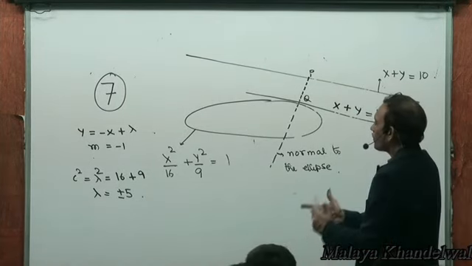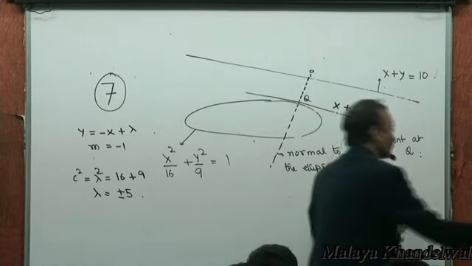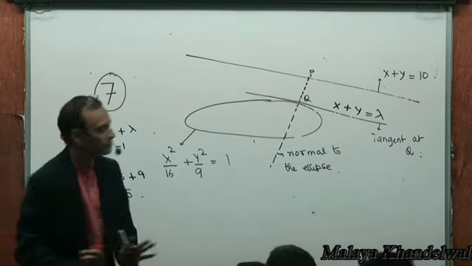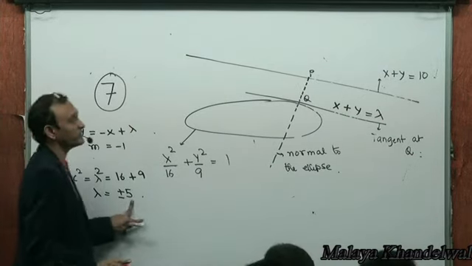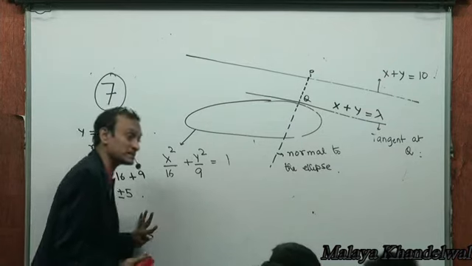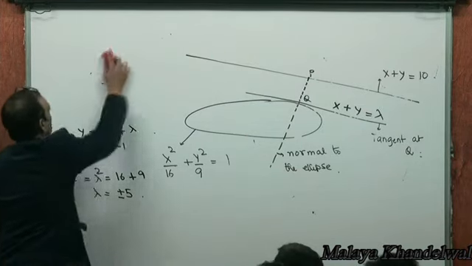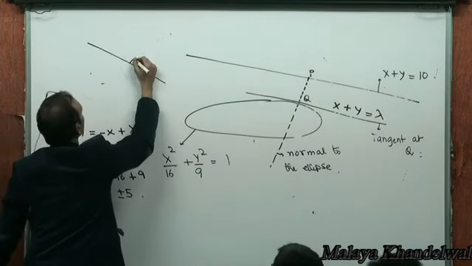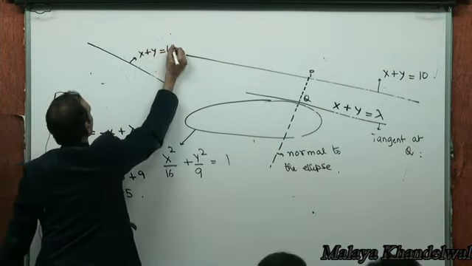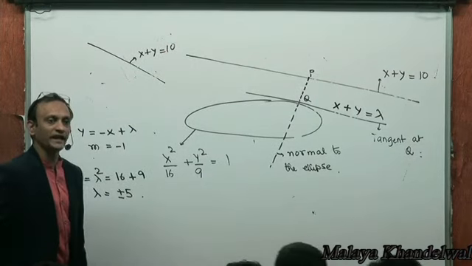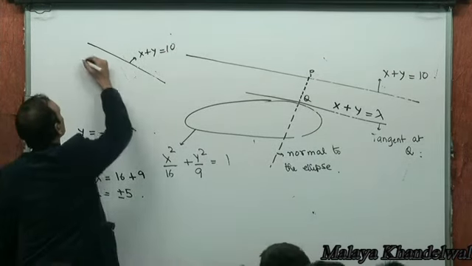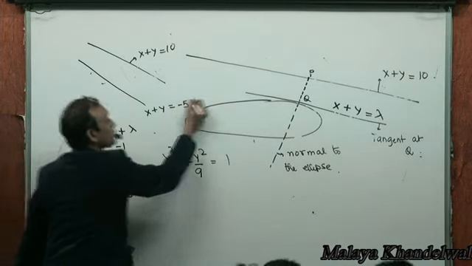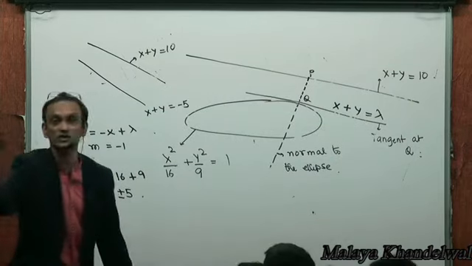Clear? Now, a layman's common sense approach to the whole thing. Whether lambda should be plus 5 or lambda should be minus 5. See, this is the line x plus y equal to 10. Now, suppose this one is x plus y equal to minus 5 for the sake of argument.